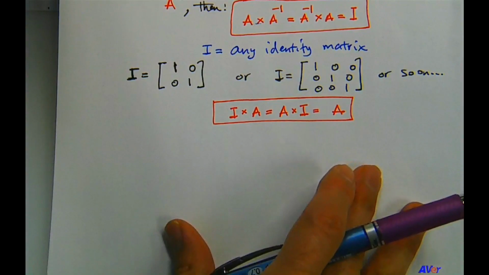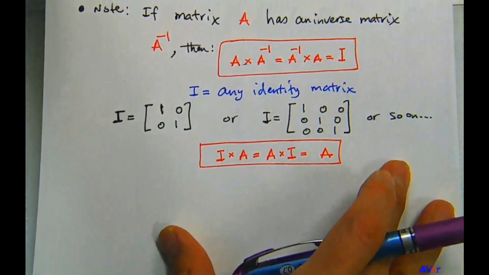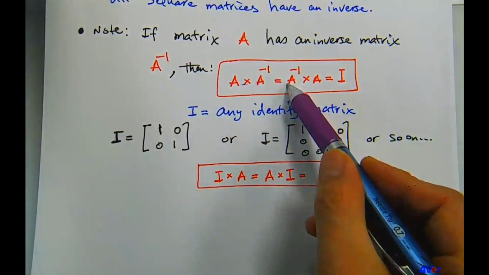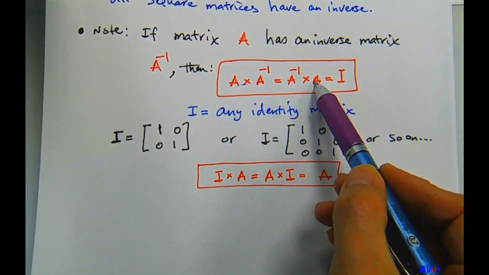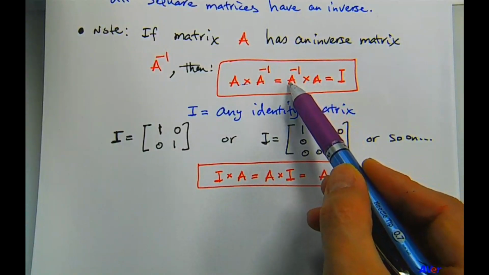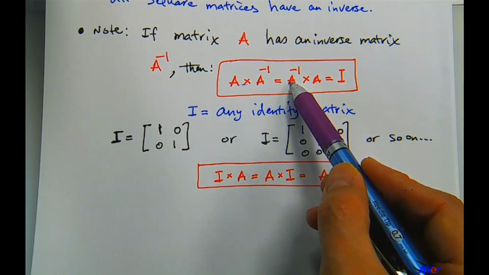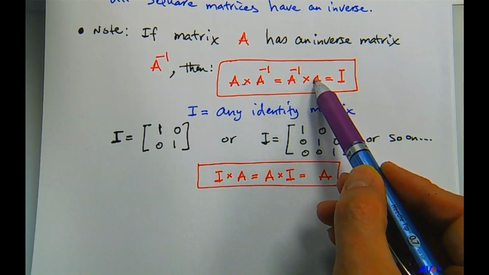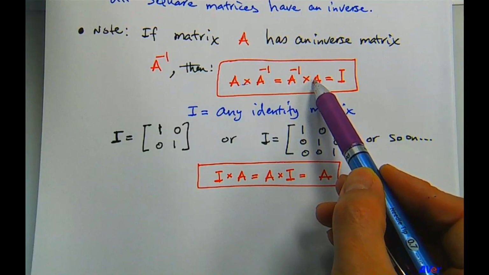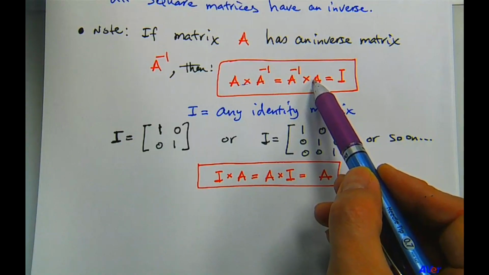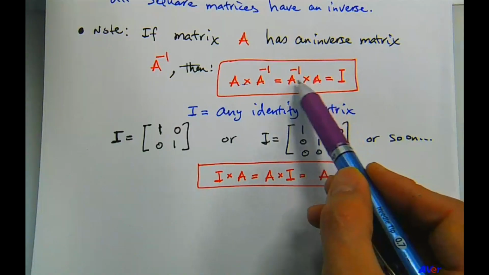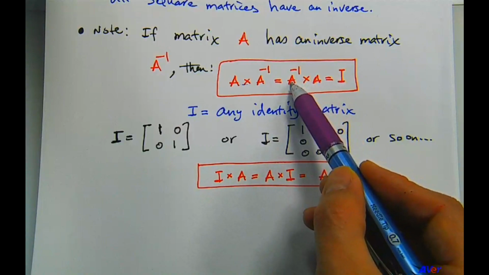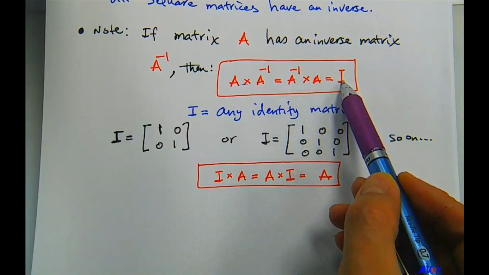So now we can use this formula: if you have a matrix and somebody claims that this other matrix is an inverse of that, then the way you can prove or disprove the claim is just take the product of those two matrices and see if you get the identity matrix.